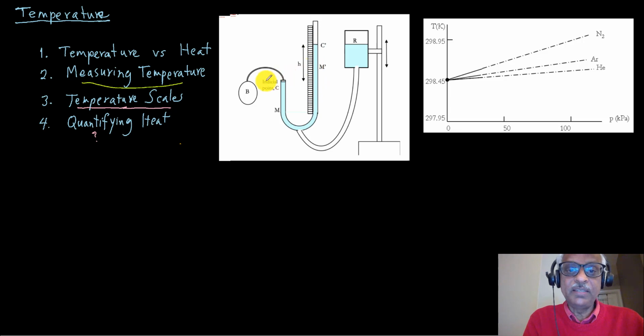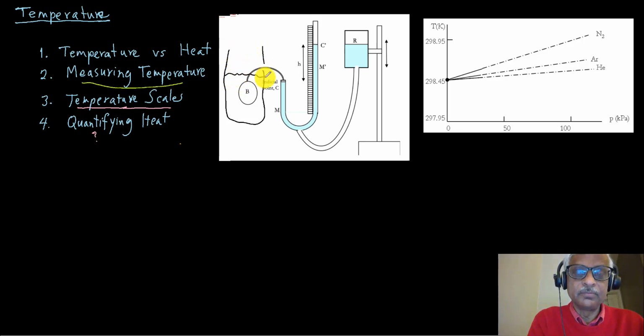Basically, if you want to know the temperature of something, say this is maybe water or something, then we would dip this bulb in, and the bulb is connected with this U-tube, and it should be all blue, so it's connected with this.